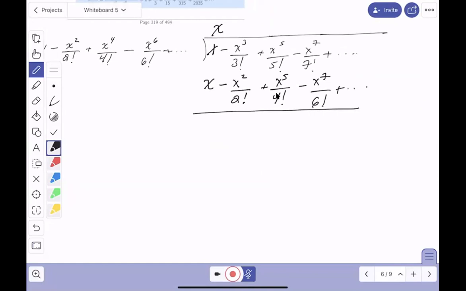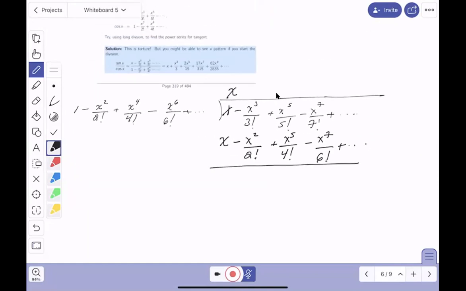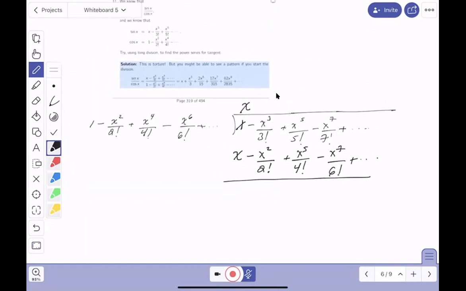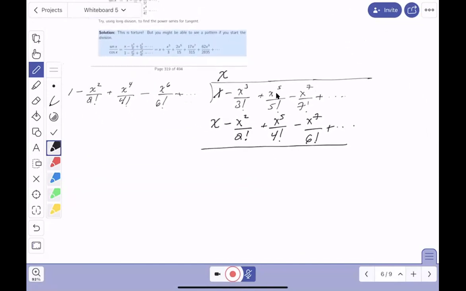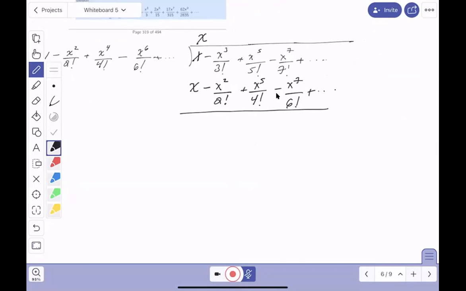And, certainly I don't want to go out too far. Let me just see how far it says to go out. Yeah, it does say it's torture, but I don't want to go out too far for you. I've got to do some subtraction. The x's disappear. And what am I left off with? I'll write this on the side for you. I'm left off with this. And that's 3 factorial, which is 6. Minus a minus, which is plus.